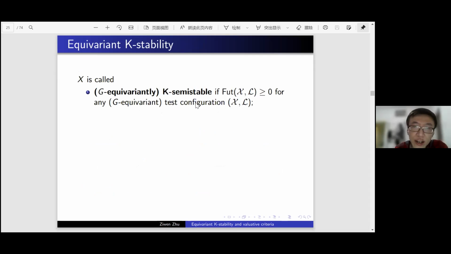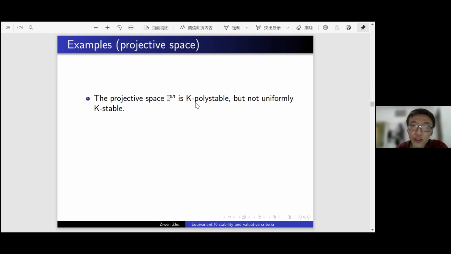Yeah, I think in my paper with Yuchen, we have some arguments about this. When we have a finite group action, if we start with a test configuration of X, in fact we can take quotients of the test configuration. So everything is almost perfect.